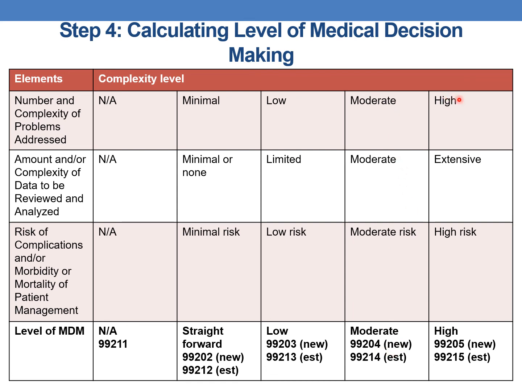When number of problems to be addressed and complexity is high, whenever there is extensive data to be reviewed, whenever there is high risk of morbidity and mortality, all these three elements lead to high MDM, which is given by the codes 99205 and 99215. By this, we complete the medical decision making.